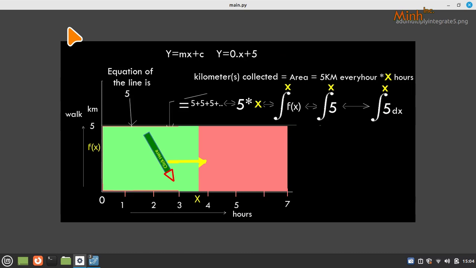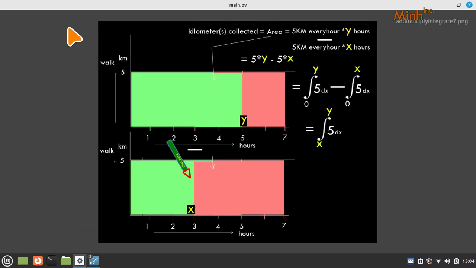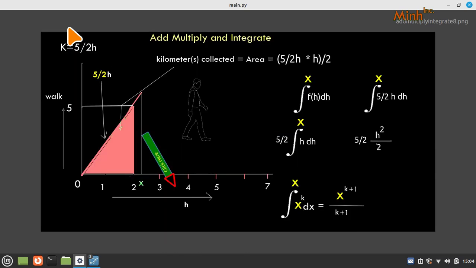If it is a constant, a rectangle, then it is x. If it is a triangle, then it is x square by 2. So we come to this. This way we can deduce the integration of basic shapes. Bigger shapes are derived from integration of basic shapes.